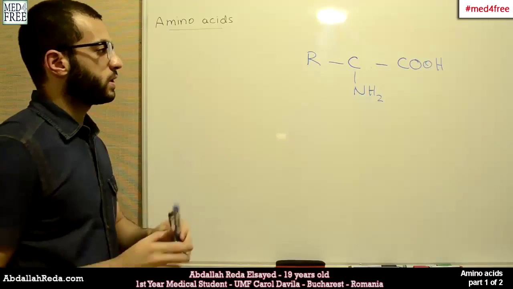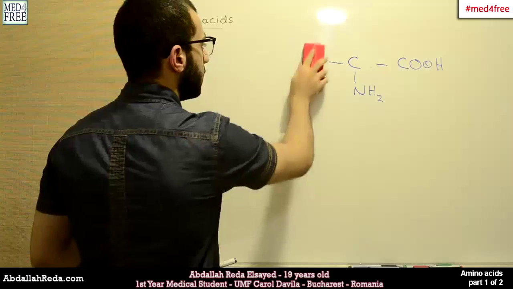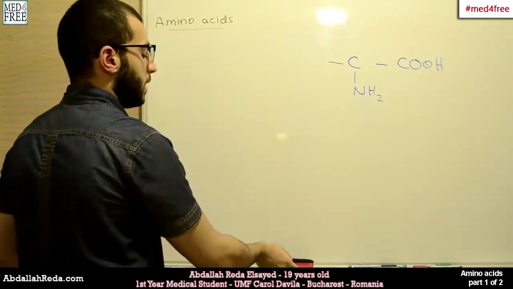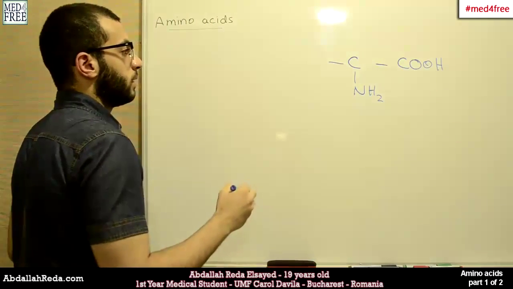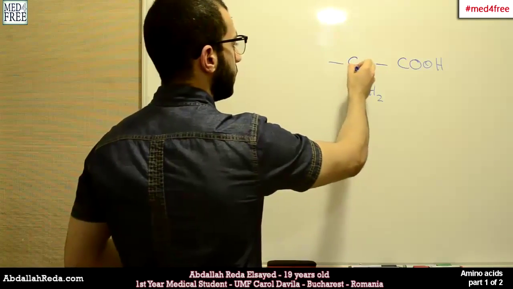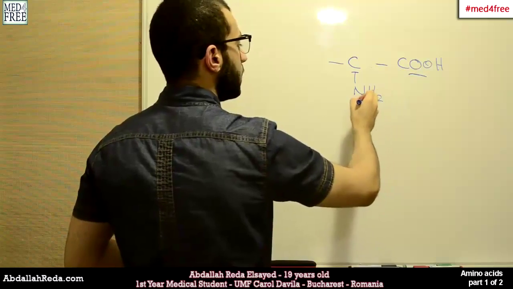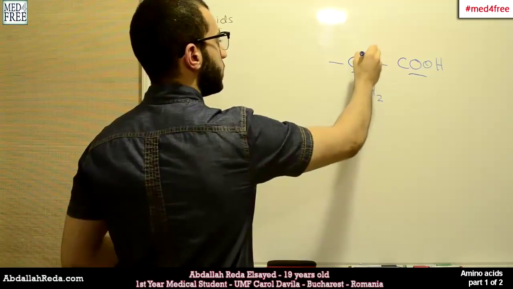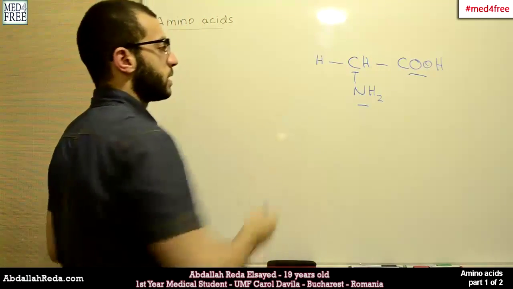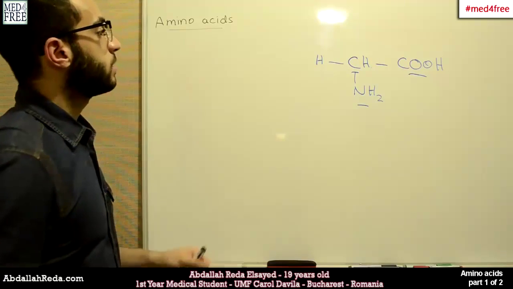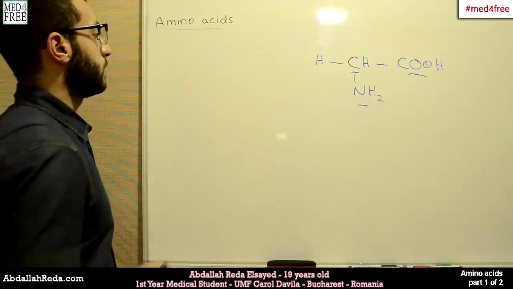So let's start with the first amino acid. We have the carbon, the carboxylic group COOH, the amino group, an H here and another H. That's the first amino acid.